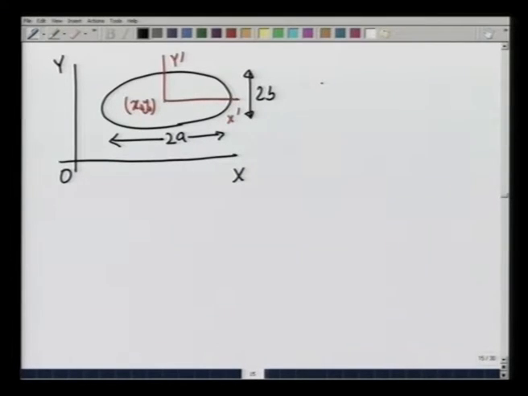So, by transfer theorems, I have I x x equals I x prime plus y naught square times the area of the ellipse.